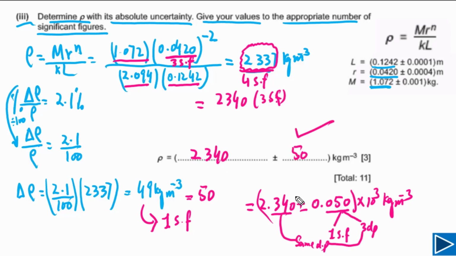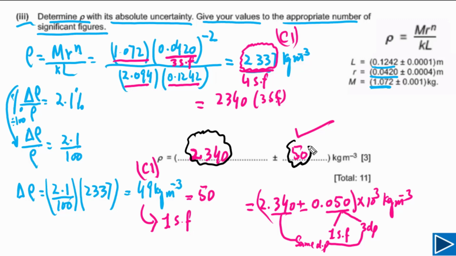Now let me explain how marks will be awarded. The first mark will be awarded for this, so this is a C mark, and the second C mark you will get if you got this answer for the absolute uncertainty. And the last one you will get if you have written your answer in this form. The main concept you need to understand is how to write down this quantity and the absolute uncertainty.